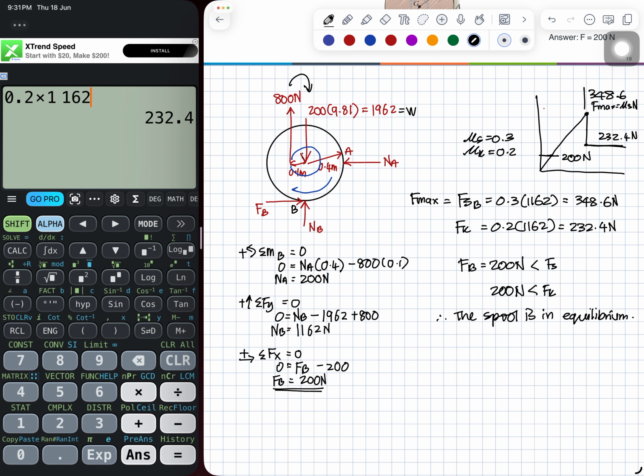So this region is static, or we call it equilibrium. That's why we justify that the spool is in equilibrium, since the friction force is less than F maximum and Fk.